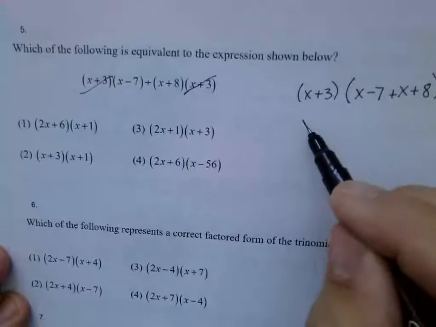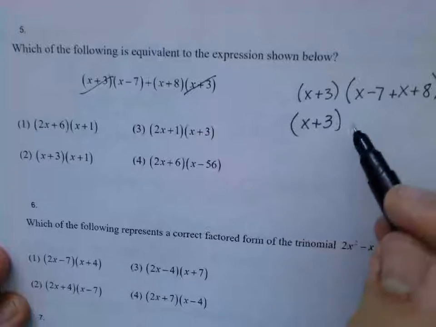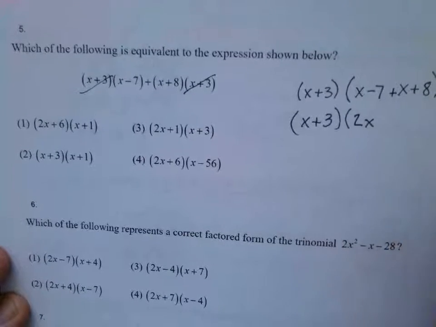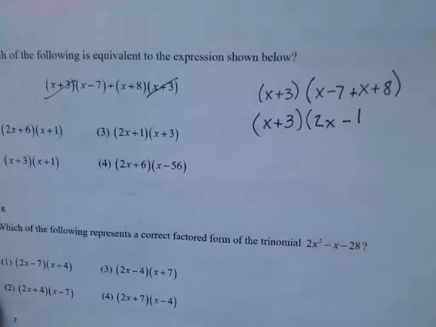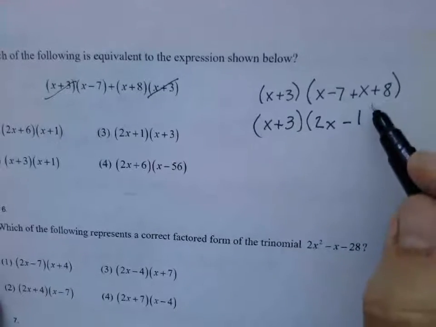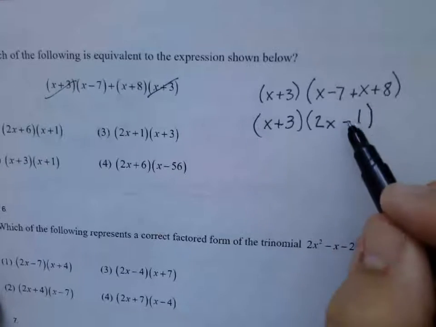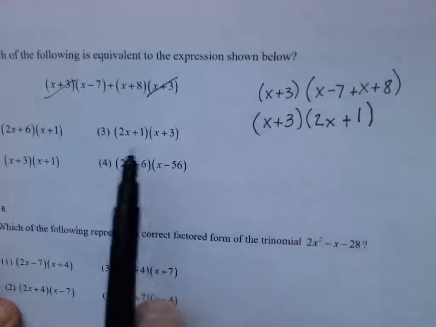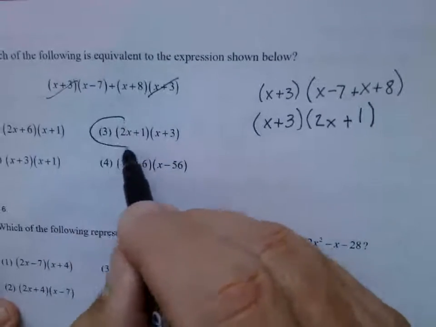Then we combine like terms in the right parentheses there. x and x is 2x, and negative 7 plus 8 is plus 1. So we look at the answers, and we have 2x plus 1 and x plus 3 for number 3.